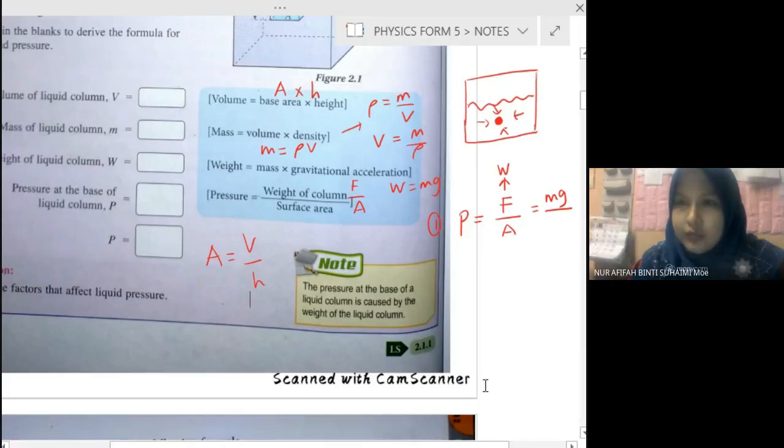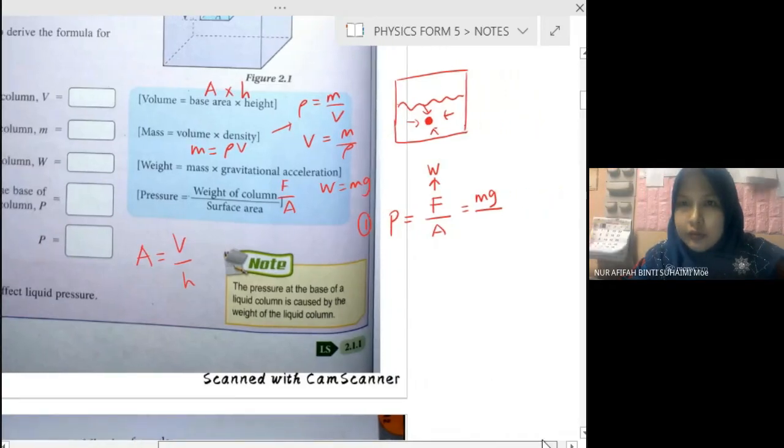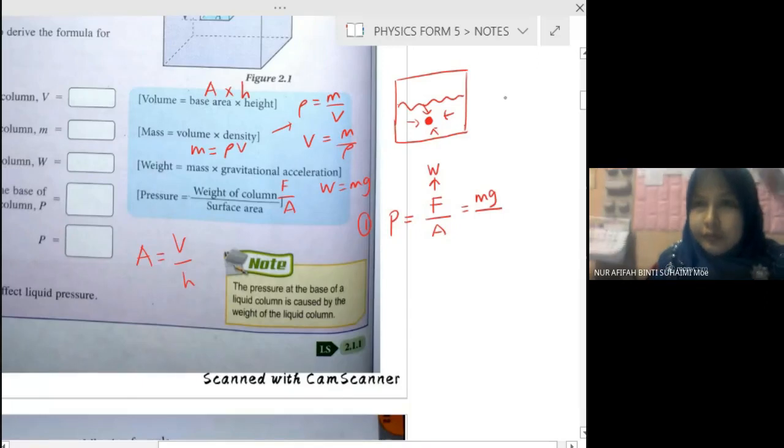Okay, sambung balik. P equal to rho g h kita nak derive. Now we want to derive P equal to rho g h from P equal to F over A and density.